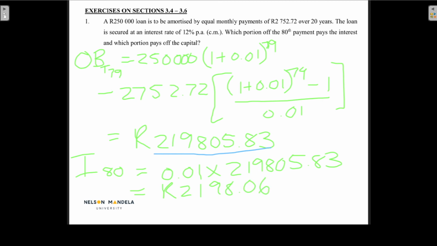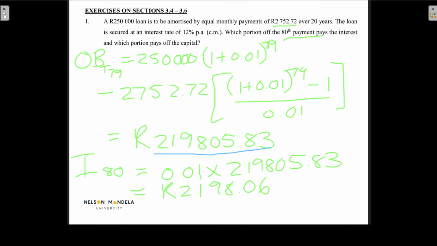So of the 80th payment, each payment being 2752, 2,198 rands and 6 cents is still interest.